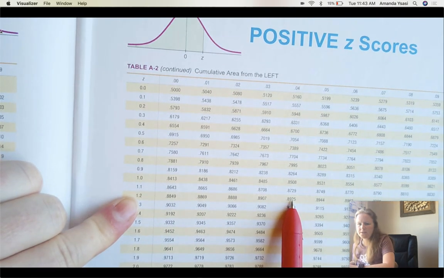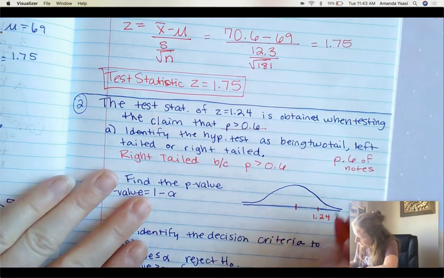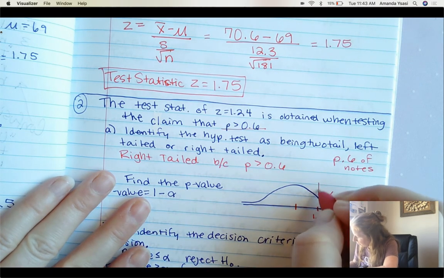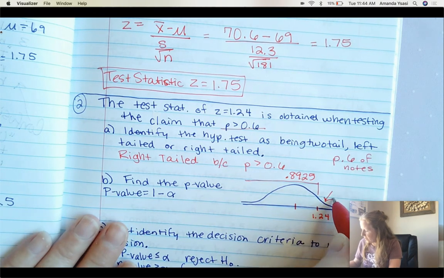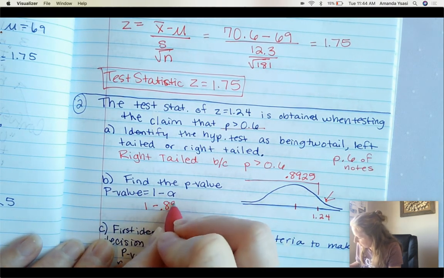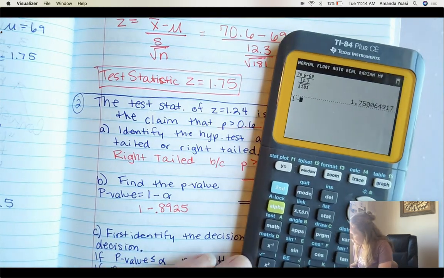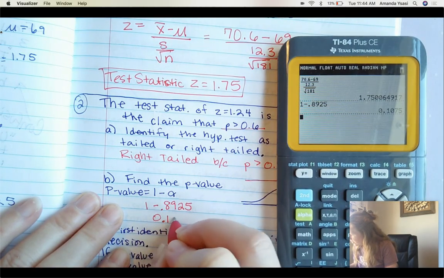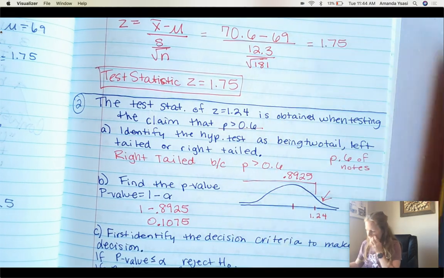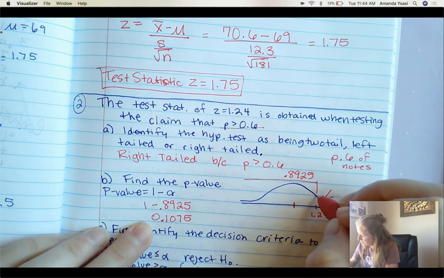This is your positive z-scores. 1.24, 0.8925. The area here is 0.8925. So in order to find the area here, we have to do 1 minus 0.8925. So 1 minus 0.8925 is 0.1075.